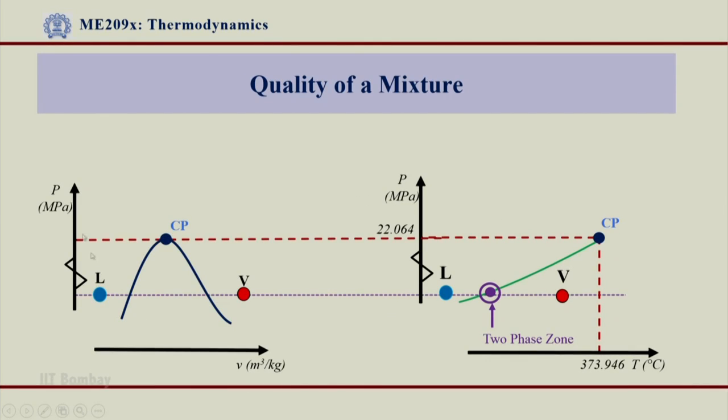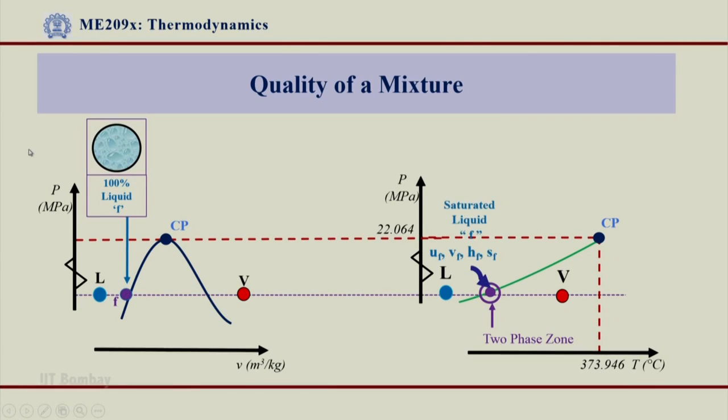The same thing I can see from the PV diagram, and on the PV diagram what you see again is a saturated liquid line, saturated vapor line. Very important to see that the saturated liquid F point as shown over here is 100% liquid, and the property of this 100% liquid can be obtained directly from the steam table as we know.